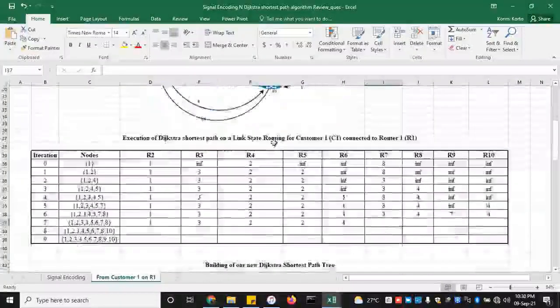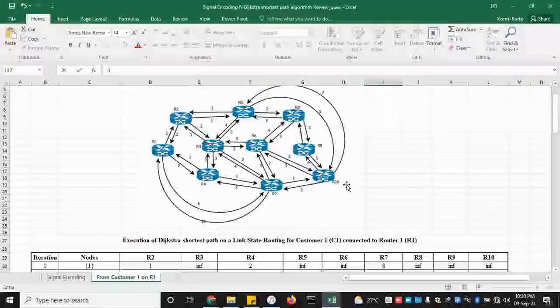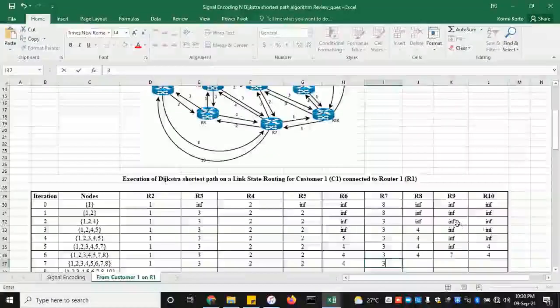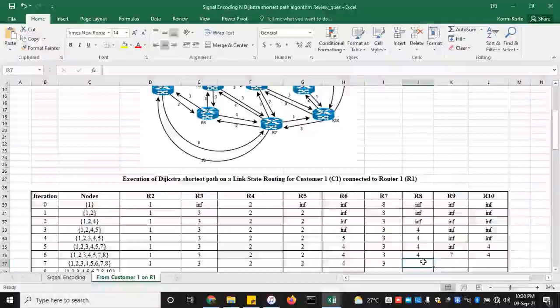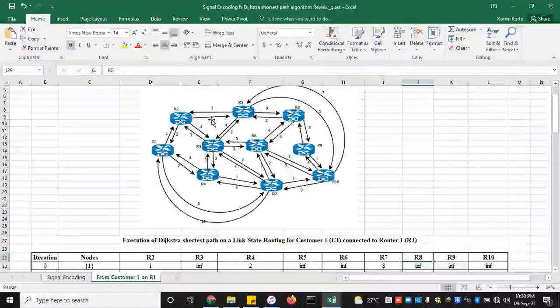So it will still be 3. Now, what about 8 itself? It's still this route, which is the least cost involved, which is 4, right? It's 1 plus 1, 2, 2 plus 2 is 4.